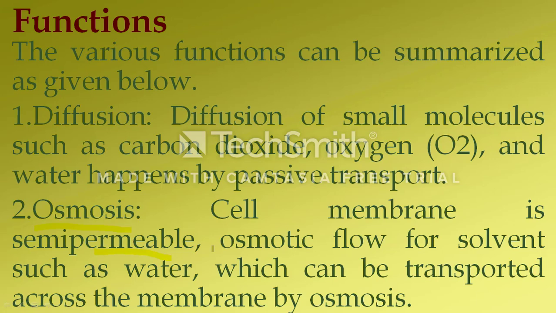That is called semi-permeable membrane, and this process is called osmosis. Osmosis is the diffusion of molecules from higher concentration to lower concentration through the plasma membrane. And here by osmosis, the solvents such as water will be moving in and out of the plasma membrane.